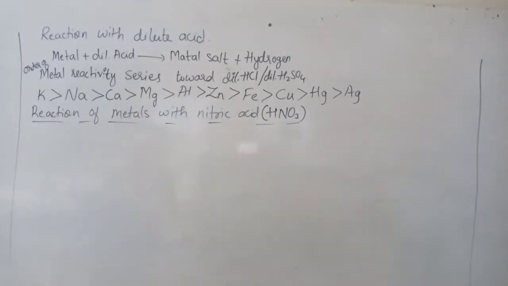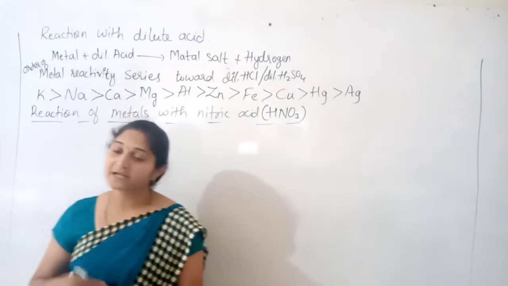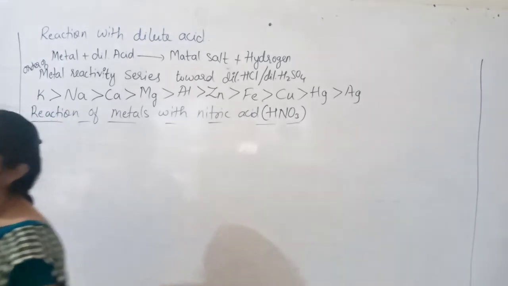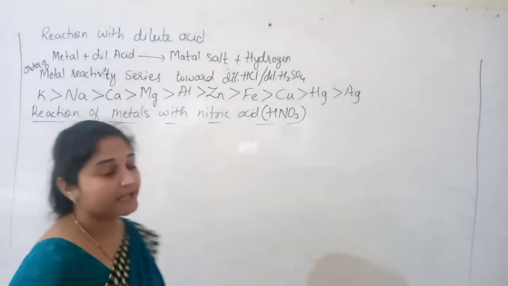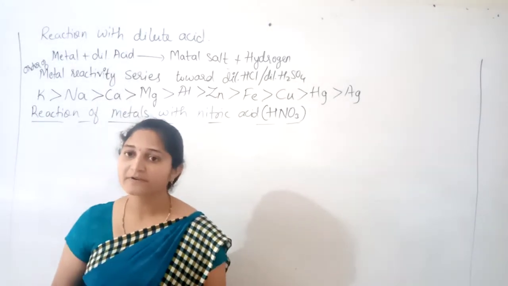So here nitrate salts of metals are formed when a metal reacts with nitric acid. The nitrate salts are going to form. Okay, along with that, NO2, NO and N2O, these are the oxides of nitrogen.